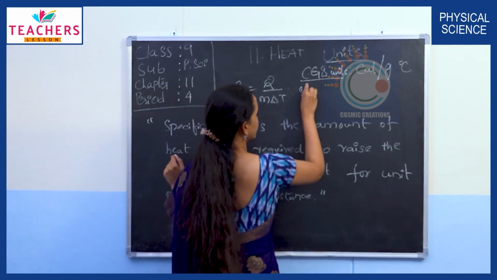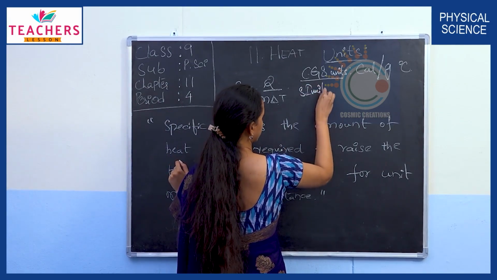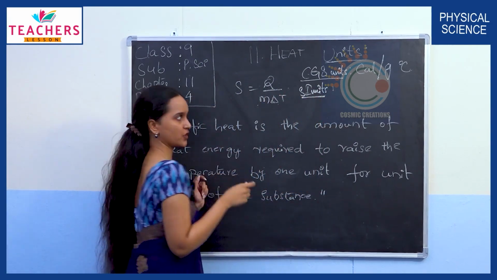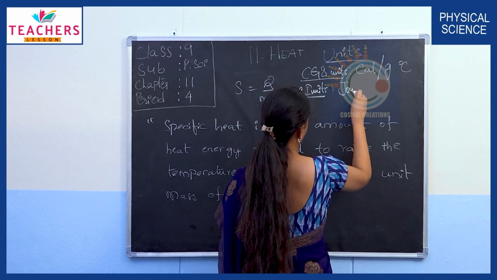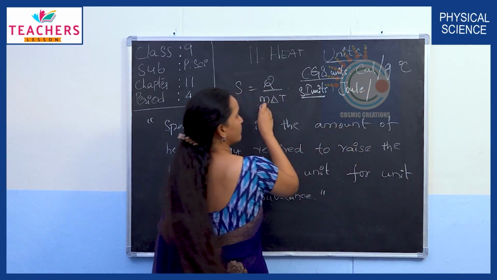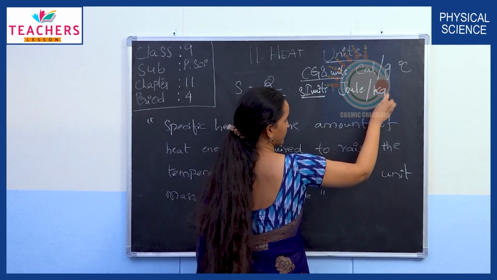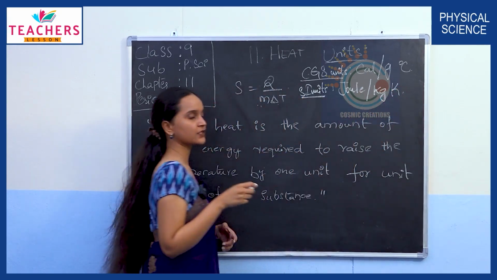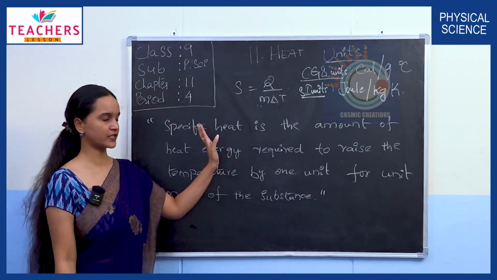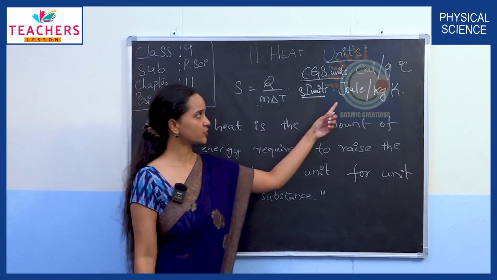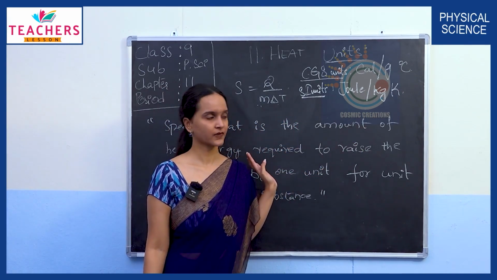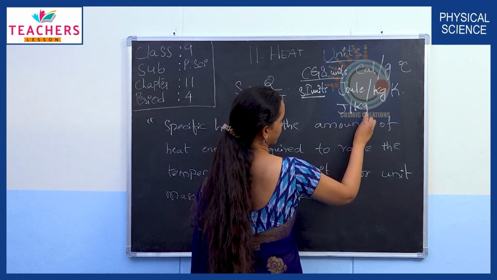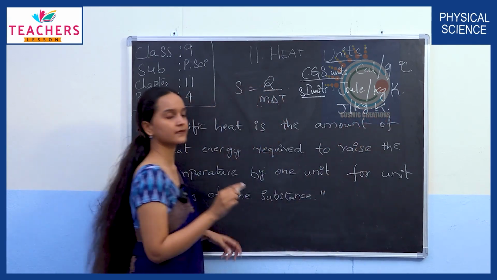Next, SI unit for the same. SI unit for heat is joule. So joule by mass is kg, temperature is Kelvin. So SI unit for specific heat is joule per kg Kelvin. J by kg K. You can note this down. Clear?